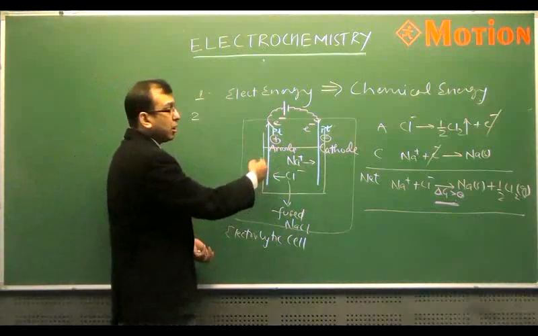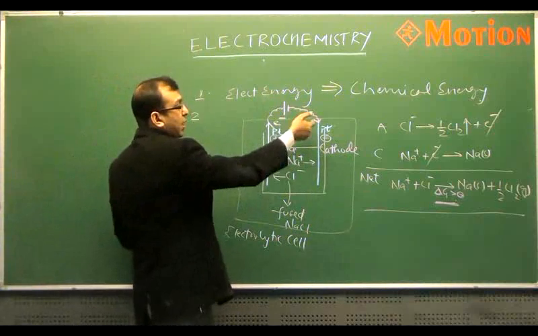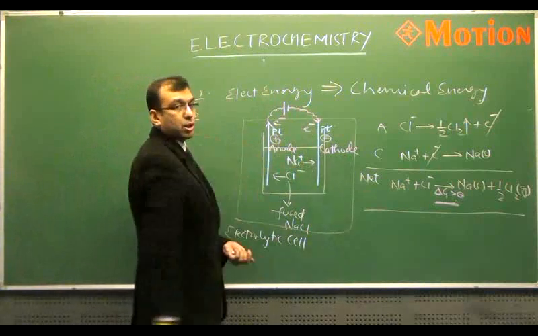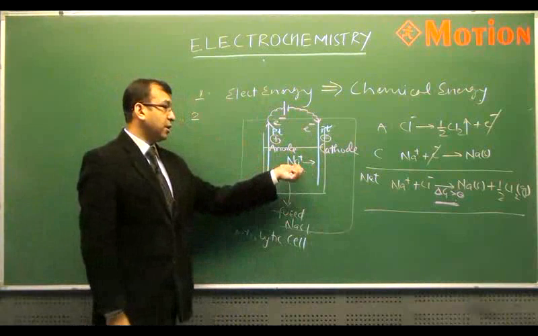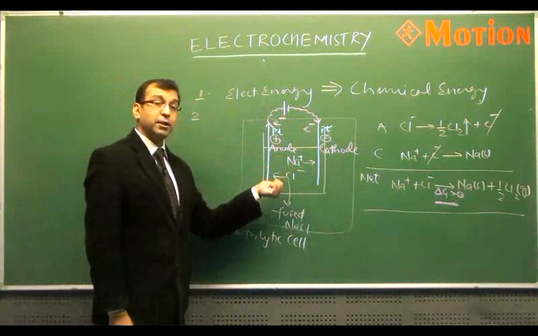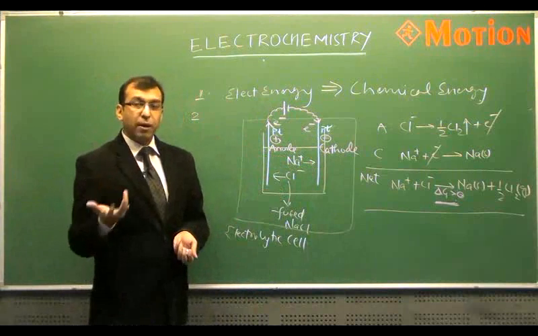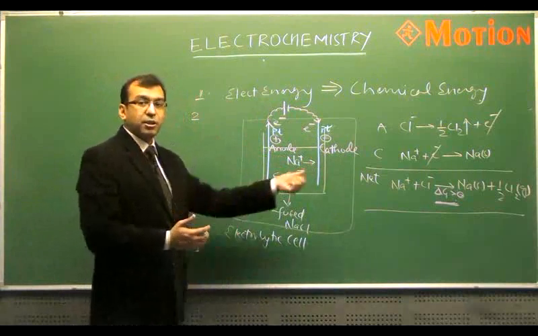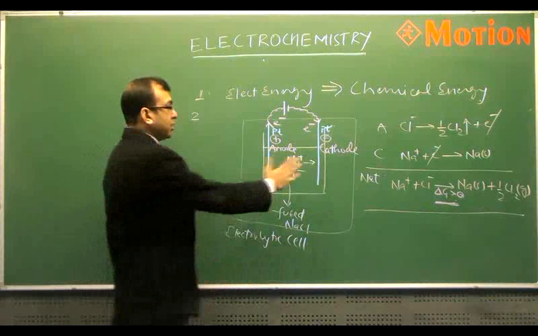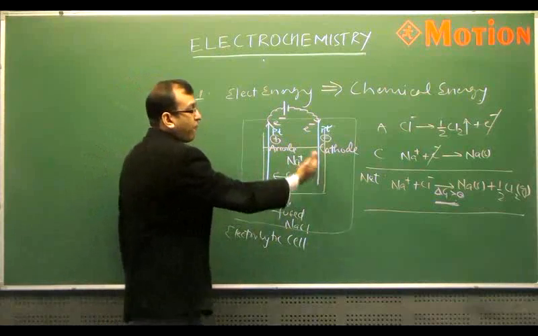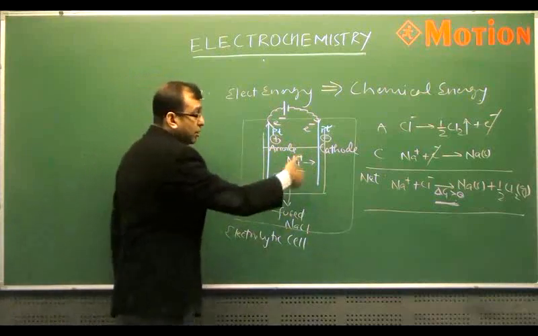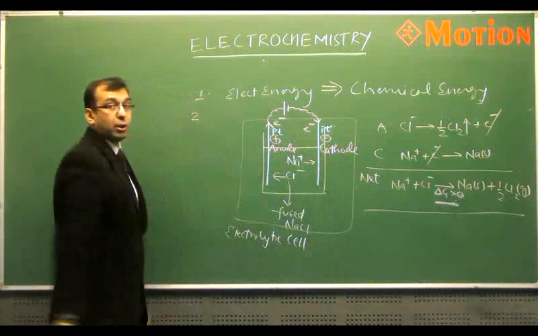Electrons released at the anode travel to the cathode through the external device, while within the solution the electrons do not travel, rather there is a movement of Na plus and Cl minus. So within the solution, not exactly electrons, but by some mechanism, negative charge is moving from cathode to anode.